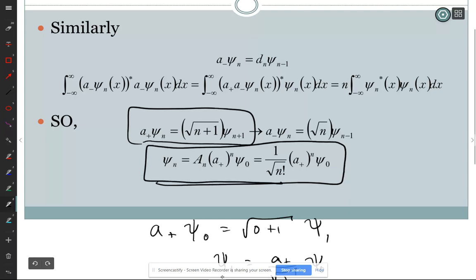And so that gives you what you're actually going to do to solve problem 4. You're doing this equation. You have to do that raising operator 4 times, and then you're just going to divide by the square root of 4 factorial. 4 factorial, 4 times 3 times 2 times 1, is 24. So you're going to do your raising operator acting on psi 0 four separate times.